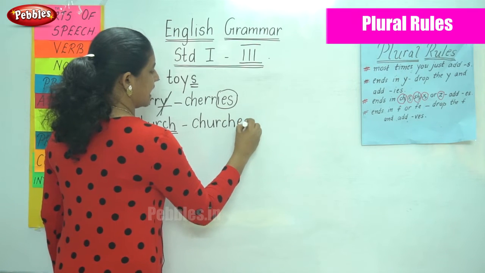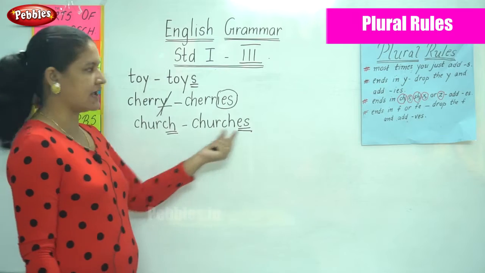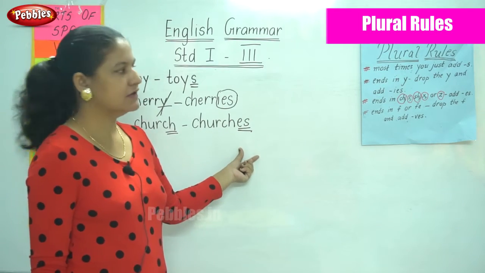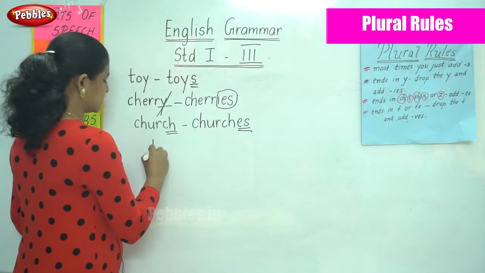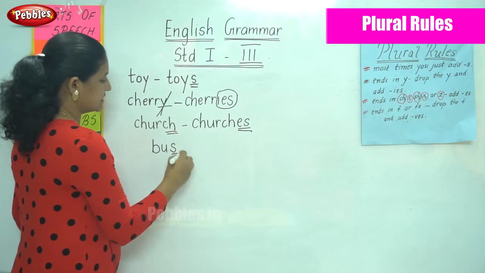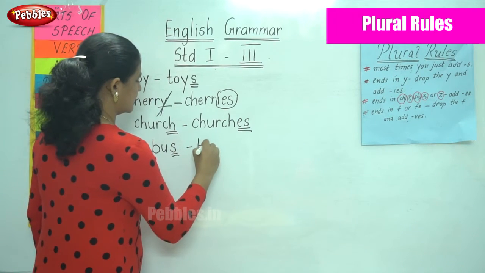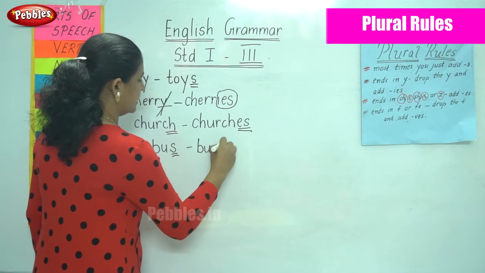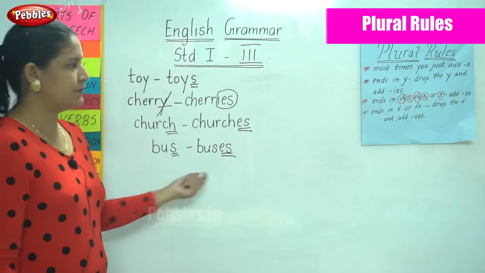So I add es. When a word ends in s, for example bus, the word ends in s, I add es to make it plural.